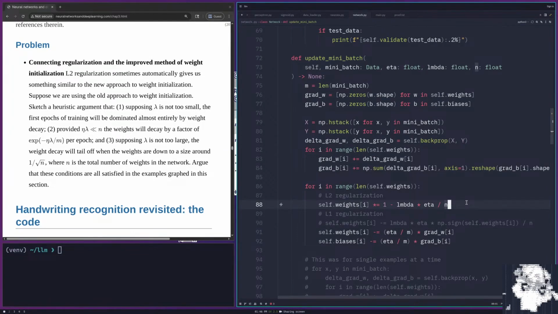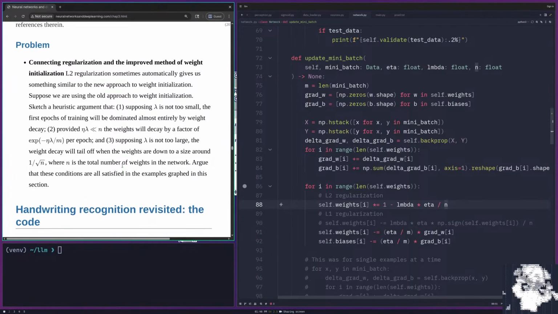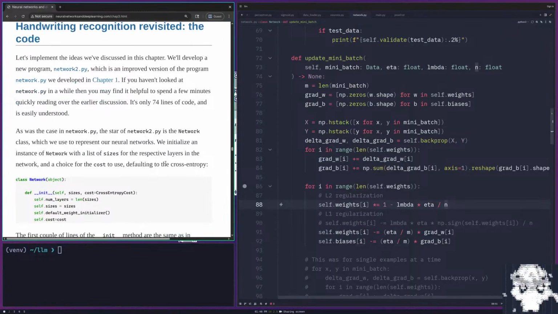But I don't know why 1 over square root of n is the point where that should happen. Yeah, I don't understand this mathematical argument here. Oh well, moving on.